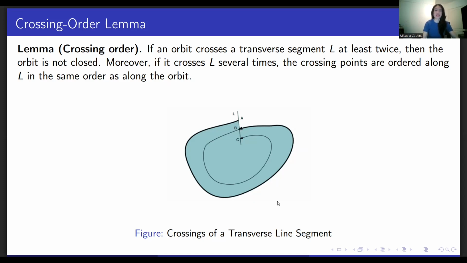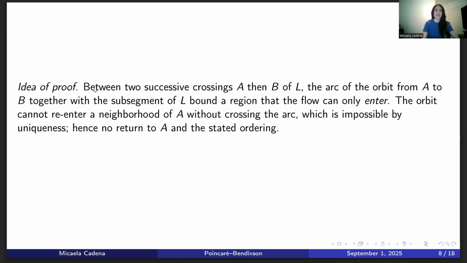And that's what I tried to write here in this sketch. We have that between two successive crossings A and B of L, the arc of the orbit from A to B, together with a subsegment of L, bound a region that the flow can only enter. That means that after A and B, when I say that it can only enter, is that it will follow the same direction, the same sense.